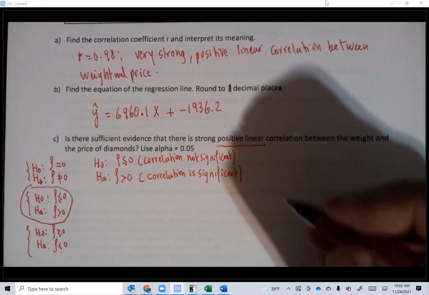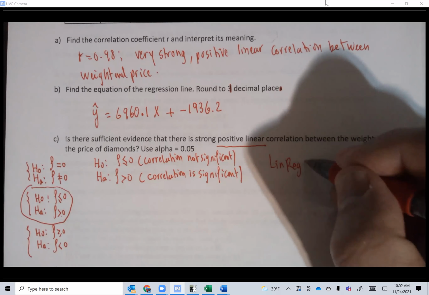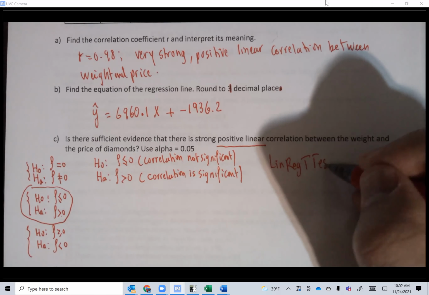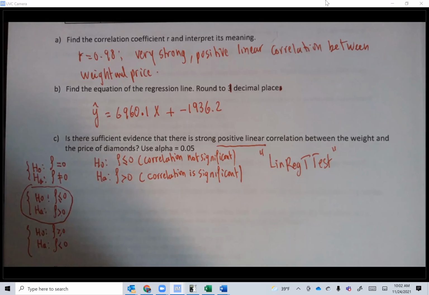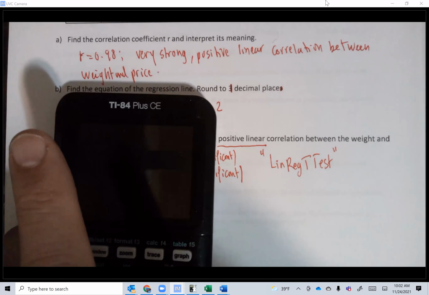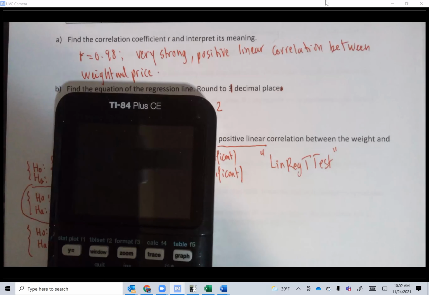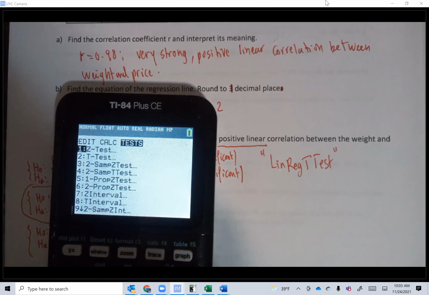Okay, the test is called linear regression t-test, guys. That's the test that you can use. Okay, here's how you use the test. You already have the data in L1 and L2. You don't have to do anything here other than just run the test. So you go to stat, tests, scroll up, linear regression t-test.